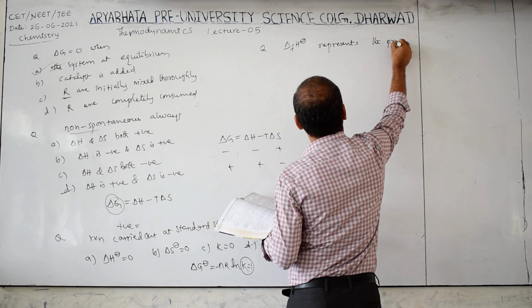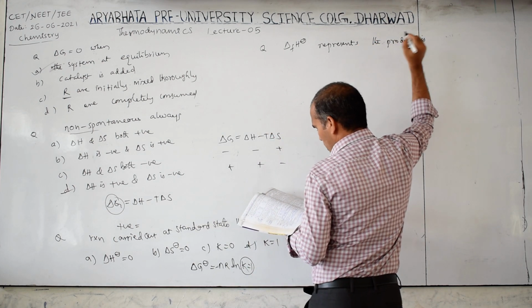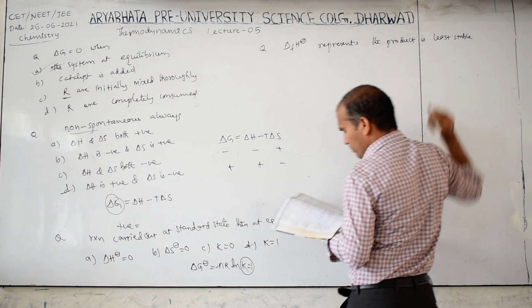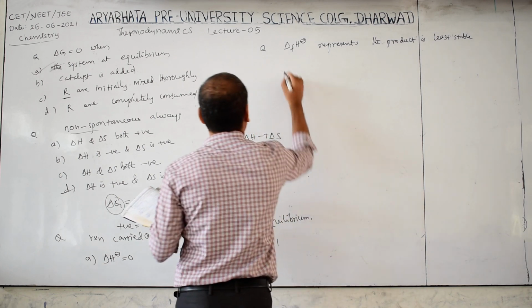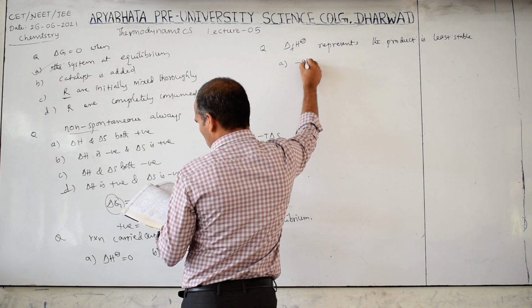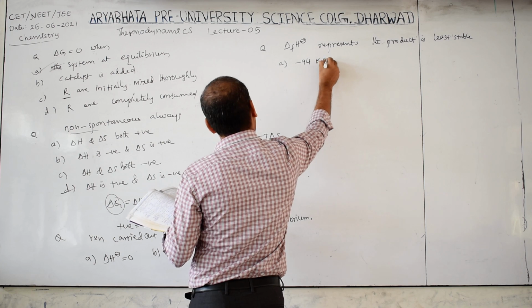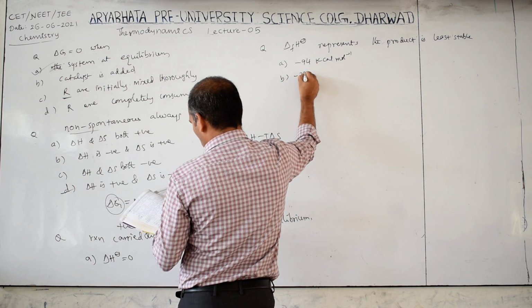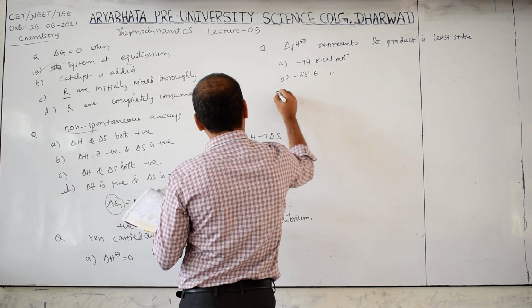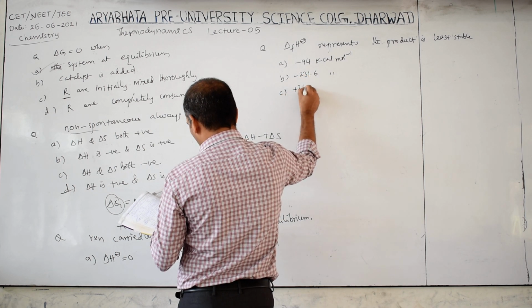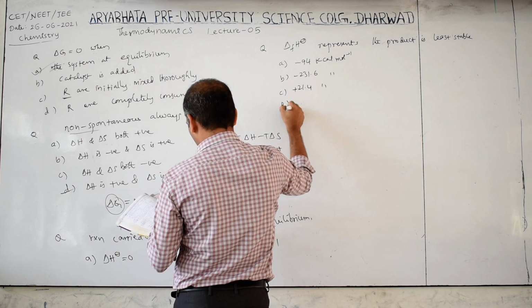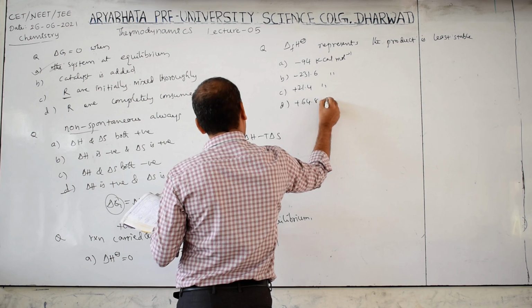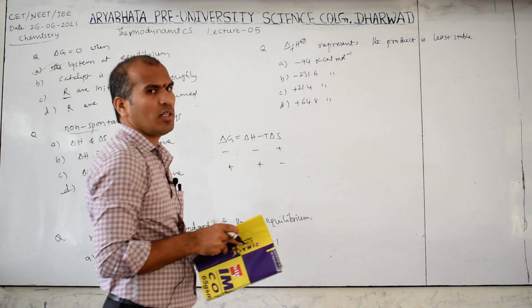Options are given here. A: minus 94 kilocalorie per mole, B: minus 231.6 kilocalorie per mole, C: plus 21.4 kilocalorie per mole, D: plus 64.8 kilocalorie per mole.